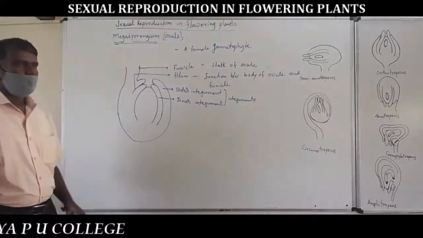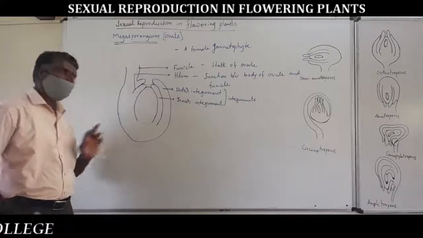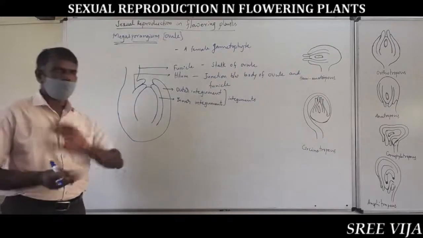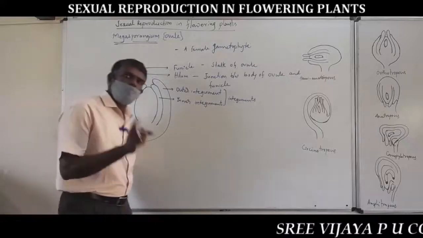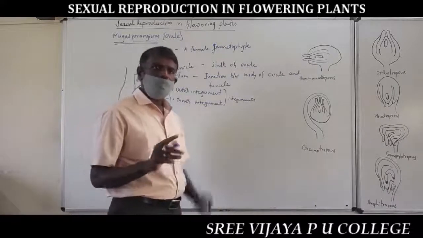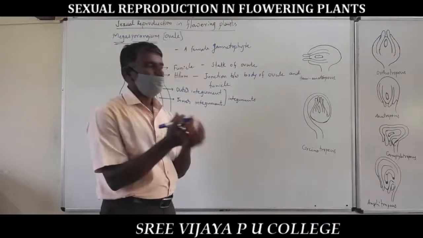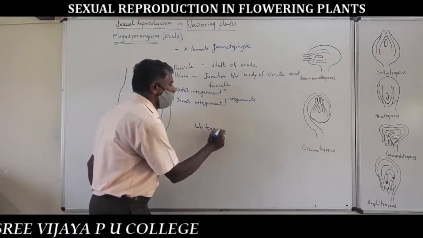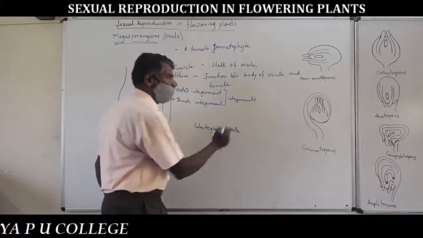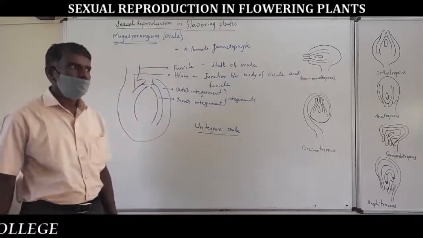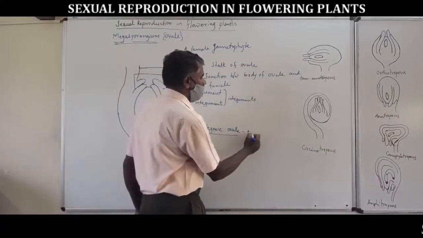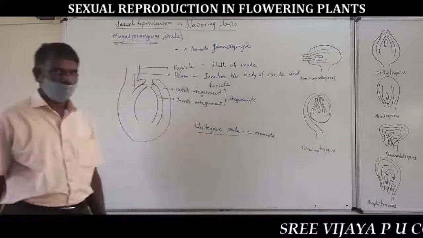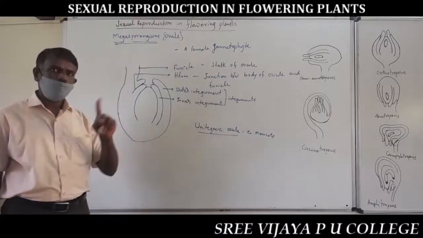Here, the ovule is covered with either a single or two integuments. If the ovule is covered with a single integument, it is called a unitegmic ovule. Most monocots have unitegmic ovules. Uni means single.